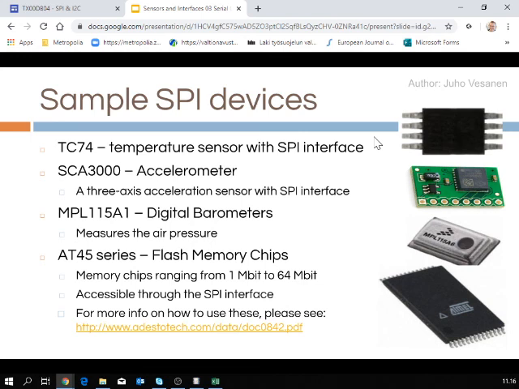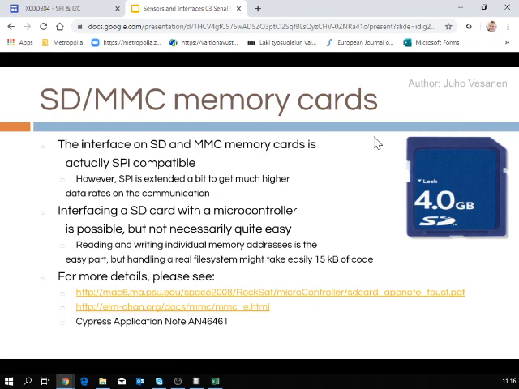Then, for example, this kind of accelerometer, some digital parameters, flash memory chips. So basically, if you put a flash memory chip on an SD card, you can access it like that. SD or MMC cards.